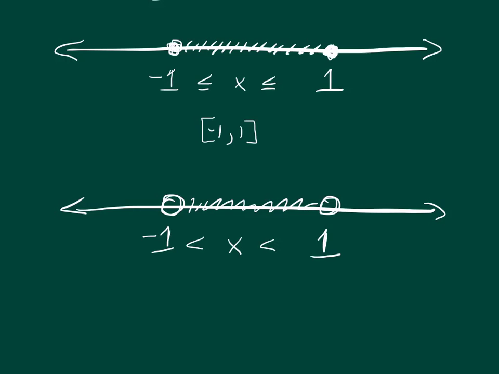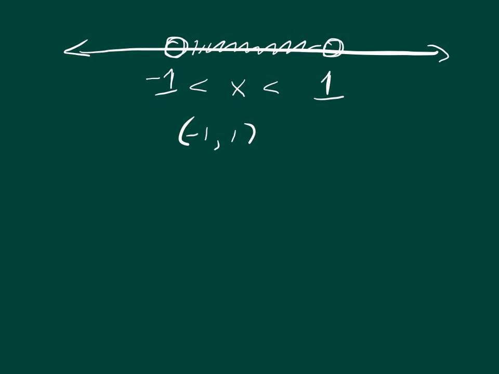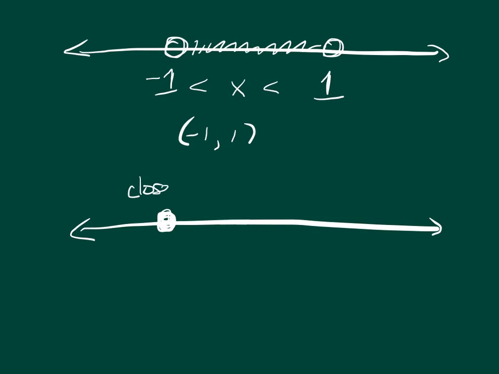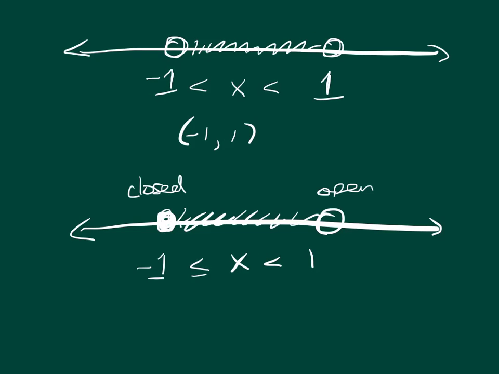And the way I write it as a set is I would write this. And then you can do combinations where I have a closed end, and this is called closed, and an open end, and this is called open. So this would be like x less than 1 and bigger than or equal to -1.